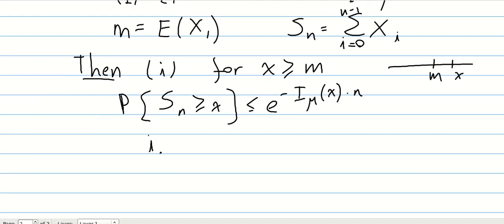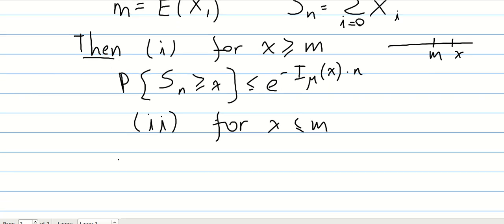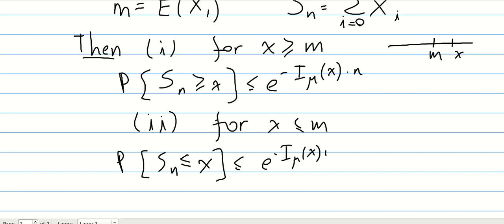And for the second part, for x smaller or equal to m, the probability that you are below x has the same decay. So this is the statement of the theorem.